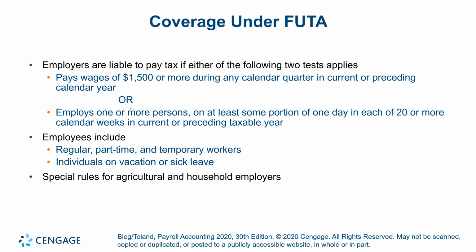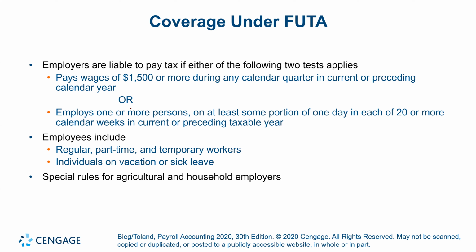Coverage under the Federal Unemployment Tax Act: employers are liable to pay tax if either of two tests applies. The first test, as I mentioned earlier, is paying wages of $1,500 or more during any calendar quarter in the current or preceding calendar year.